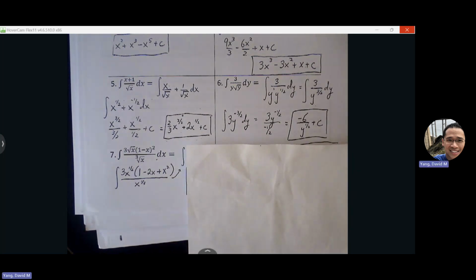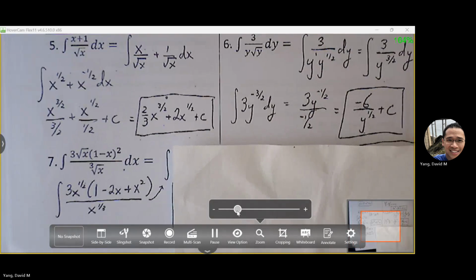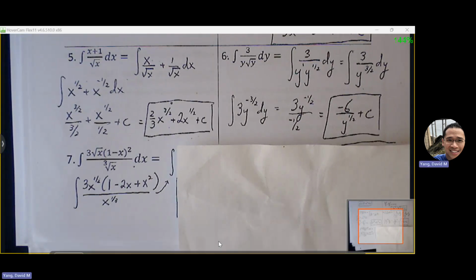So here are my cleanup efforts, one step at a time. Distribute that 3x to the 1/2 through.